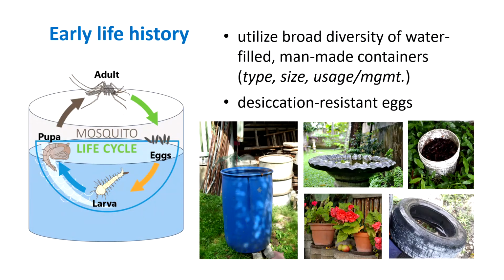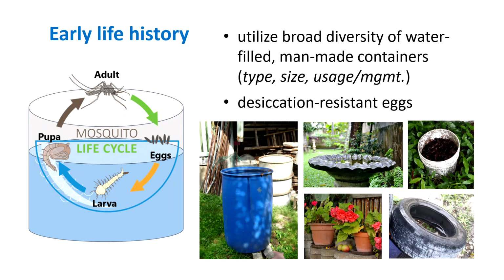So like all mosquitoes, it has this bifurcated life history where it undergoes development and growth in an aquatic system and then emerges as a terrestrial adult for reproduction and dispersal.